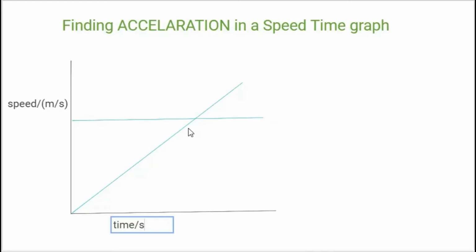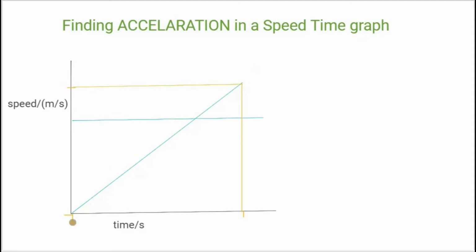Now let's find acceleration in a speed time graph. So we have this straight line that is going from the origin, and if you want to find acceleration for this one, we can draw a line straight down to the time axis so that we can label our time, and we can also draw another line to the speed axis so that we can find our v and u, the final and initial velocity.